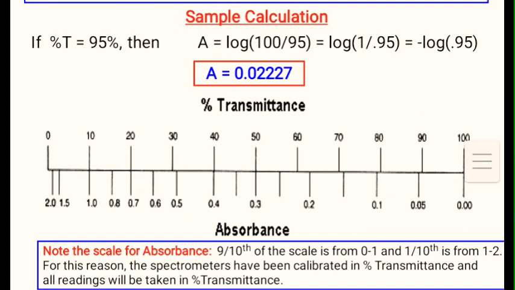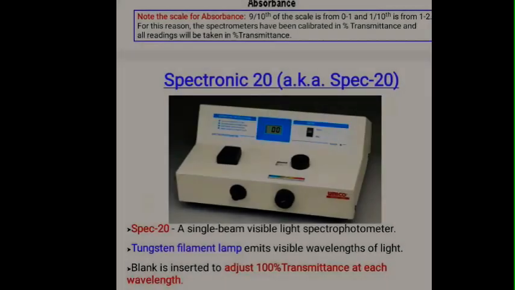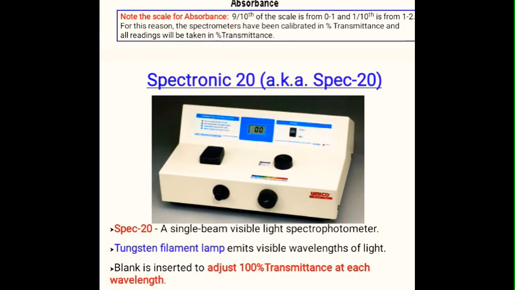Percentage transmission you can see on the screen in a graph. This is showing the absorbance of the light, and you can see a spectrophotometer in the figure. This is the schematic diagrammatic representation of the spectrophotometric light absorbance inside the cuvette.